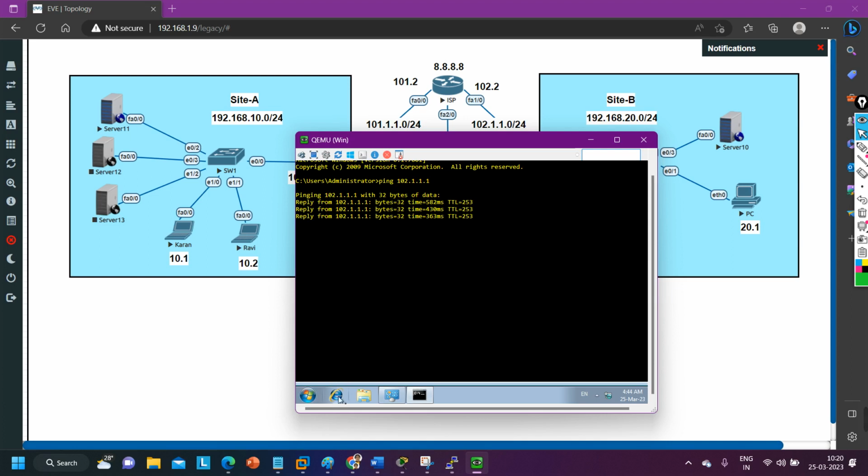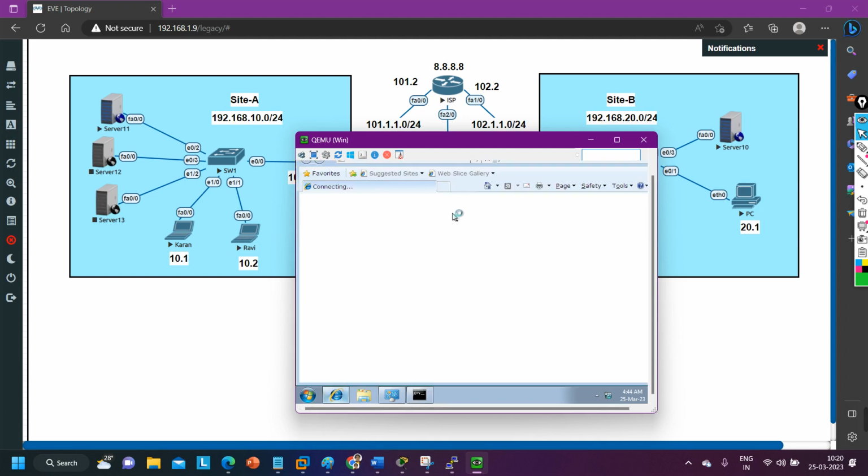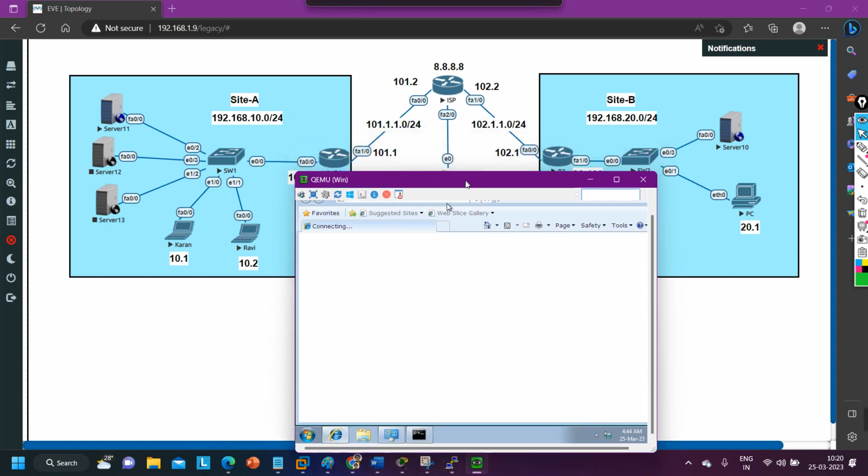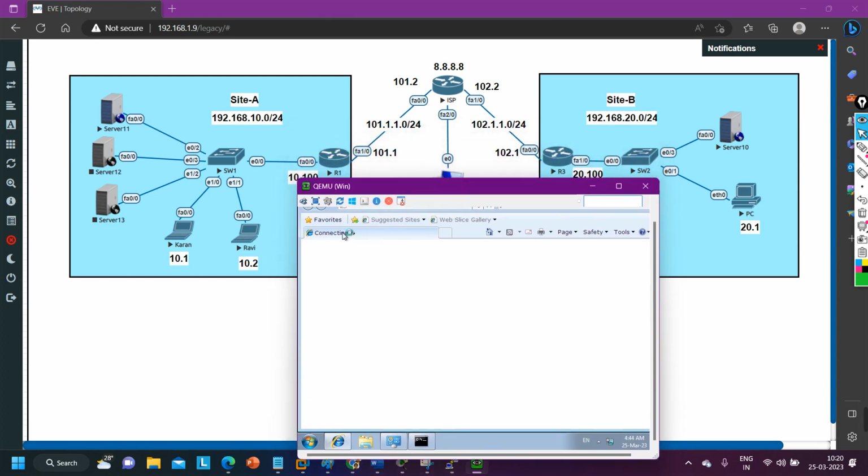Now I am going to open one browser over here and access this server from here. If I can access through the public IP address, that means I was not pinging the router interface, I was pinging the server. Here I am going to define the IP address.